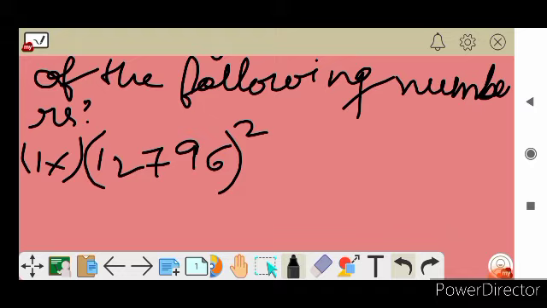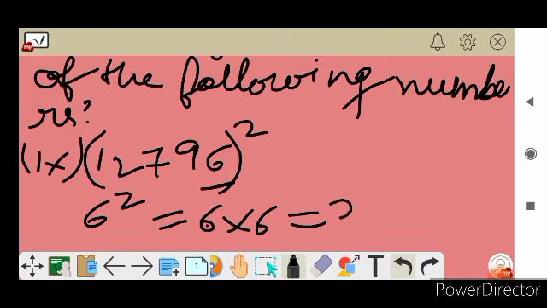We only show in short that the unit digit of the square of the given number is, so we take here the unit digit 6. So only the square of this number, 6 square, means 6 multiply 6, and 6 sixes are 36.